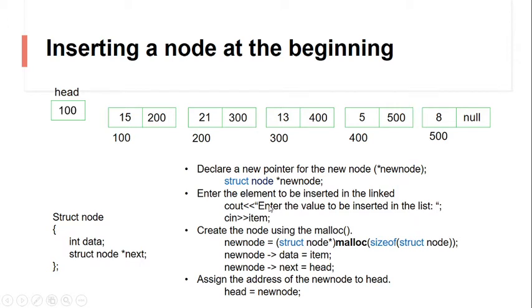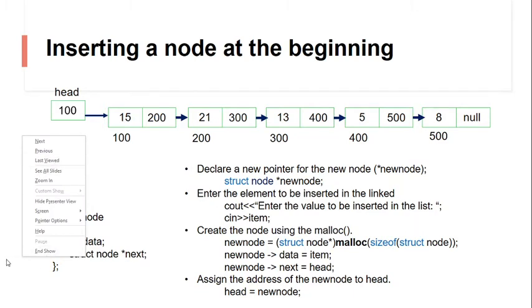Now, inserting a node at the beginning. We have some code here and will try to simulate it. We have here a list with each node connected by a chain. Our head was 100, specifying the first node, which is at memory address 100, whose data item is 15.